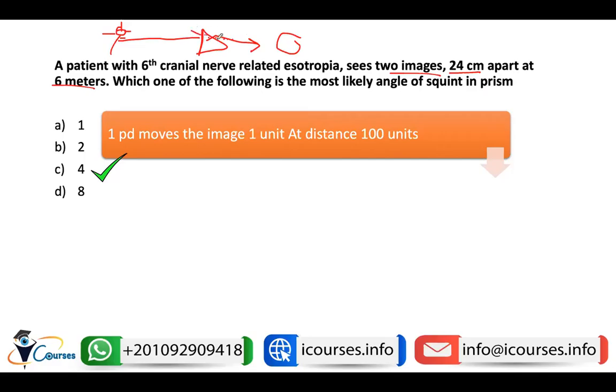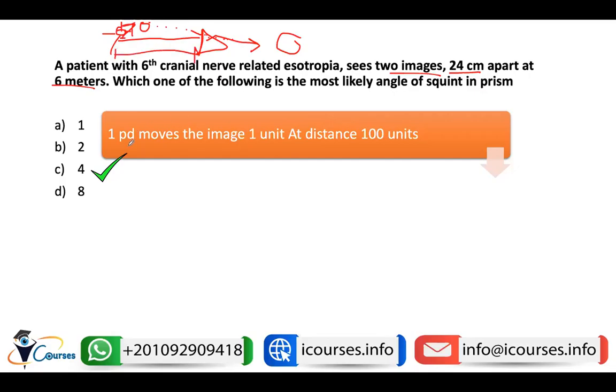As we mentioned before, the eye cannot see in broken lines; it needs to see in a straight line. So it will see an image of the flower. This image is virtual, erect, and displaced toward the apex. How much displacement? It will be displaced 1 centimeter if the object is placed at 1 meter from the prism.